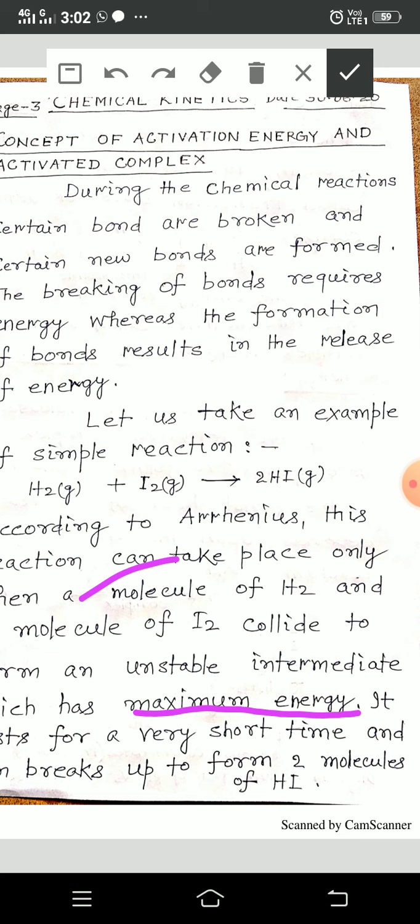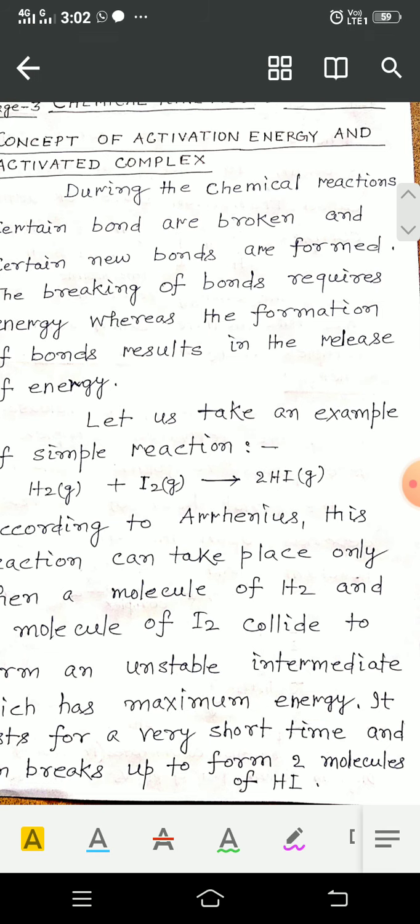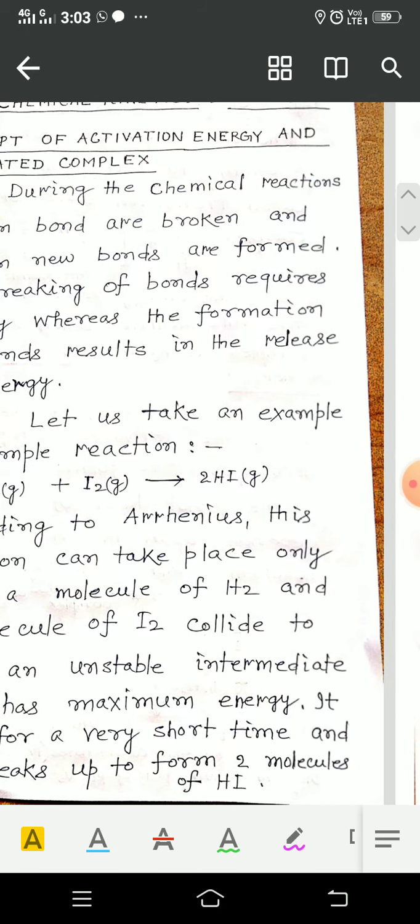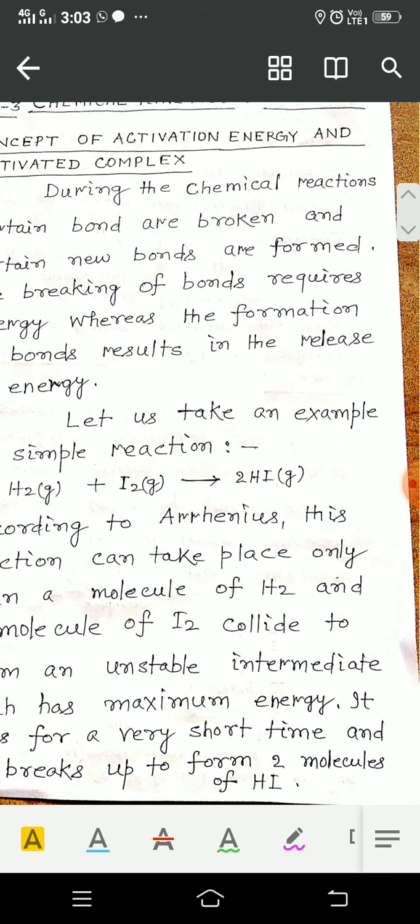it exists for a very short time, then breaks up to form 2 molecules of HI. Means the intermediate exists for a very short time and it has maximum energy, and later on we will find that the intermediate or the transition state which has maximum energy is equivalent to threshold energy.